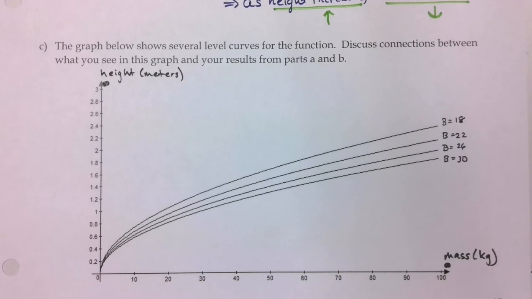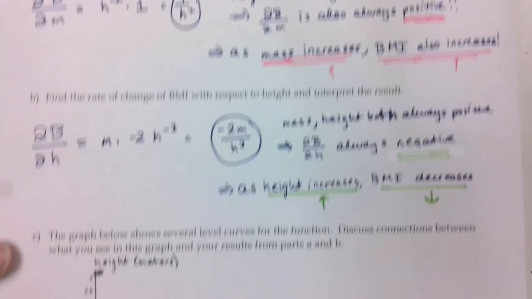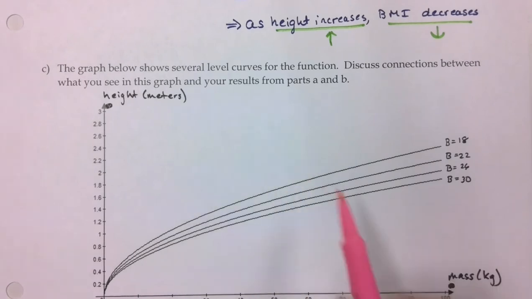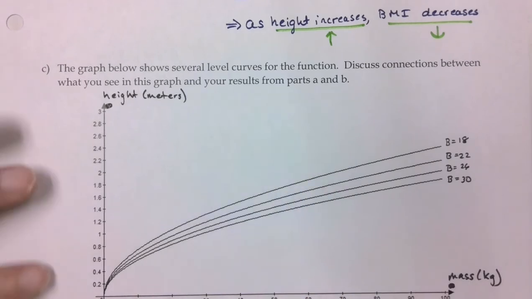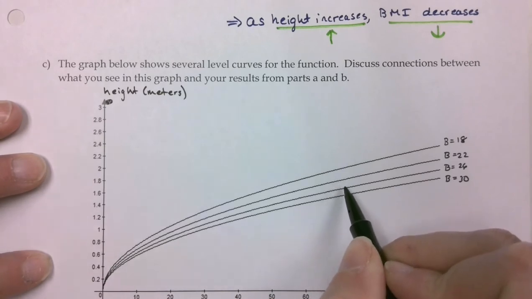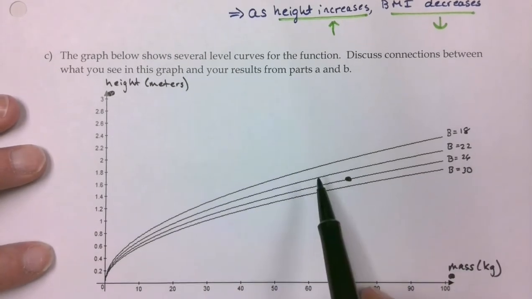So let's think about this. If you look at the first one, as mass increases, that means we're moving to the right along this. So if we start off here, let's say that we're a person that's 70 inches tall, and we have a BMI of, I don't know, 26. Just pretend that's your starting point. Ooh, I wasn't quite lined up with 70.